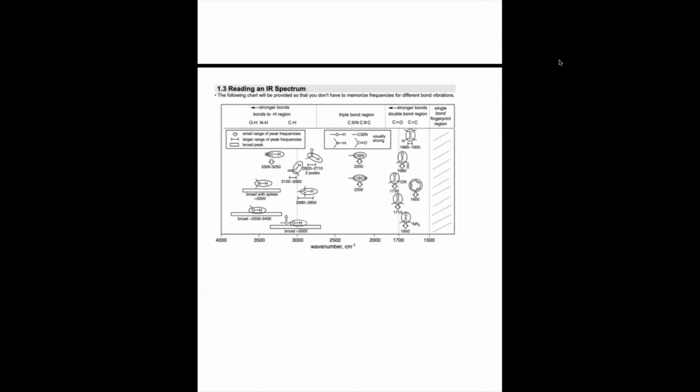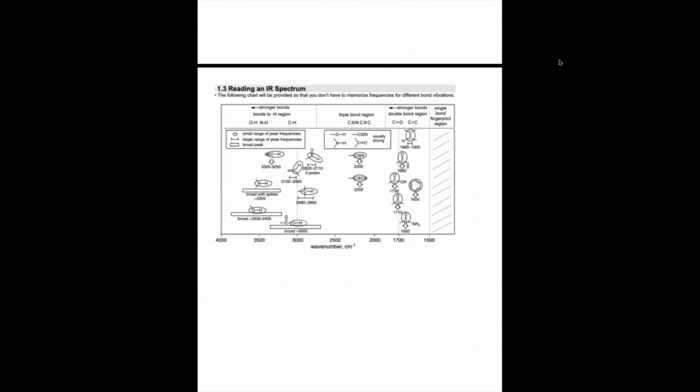Then she circles the C double bond O and says ketone vibration strong, which makes sense given that that's a stronger bond. Yep. But then the C double bond O is further to the right on the axis, but I thought that the axis is increasing vibration to the left.